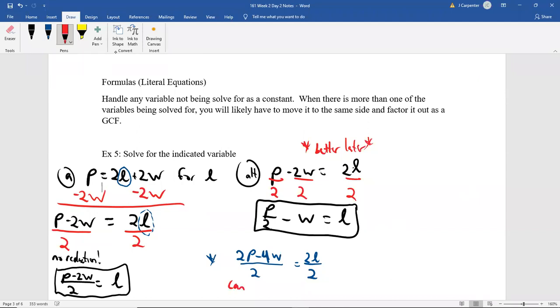You can reduce here, but you have to take it from everything. You take a 2 from here and it makes it a 1. You take a 2 from here and it makes it a 2. Take a 2 from here and it makes it a 1. So what you get would be P minus 2W over 1 equals L, which is just P minus 2W equals L.